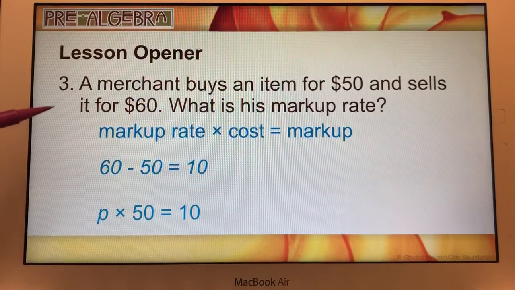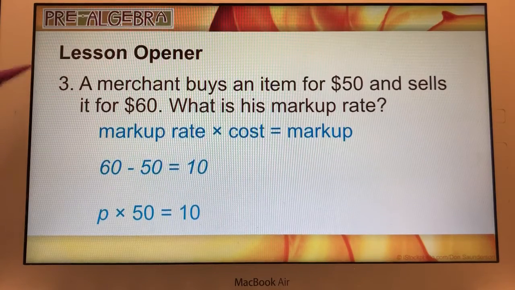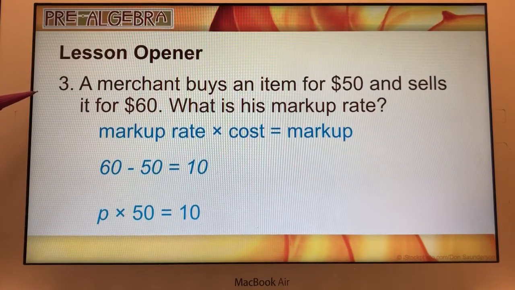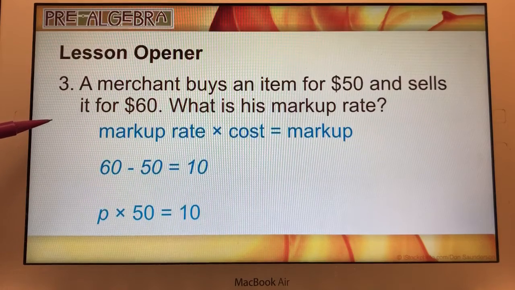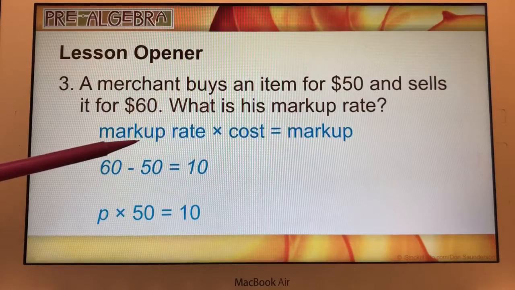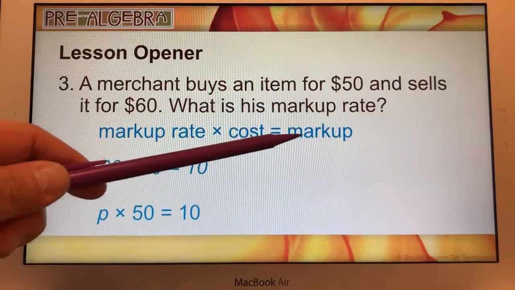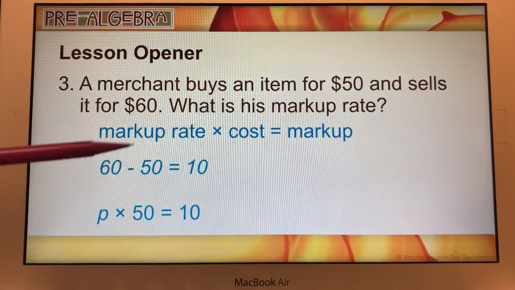Now, another review here. If a merchant buys an item for $50 and sells it for $60, what is his markup rate? So markup is markup rate times the cost equals the markup.